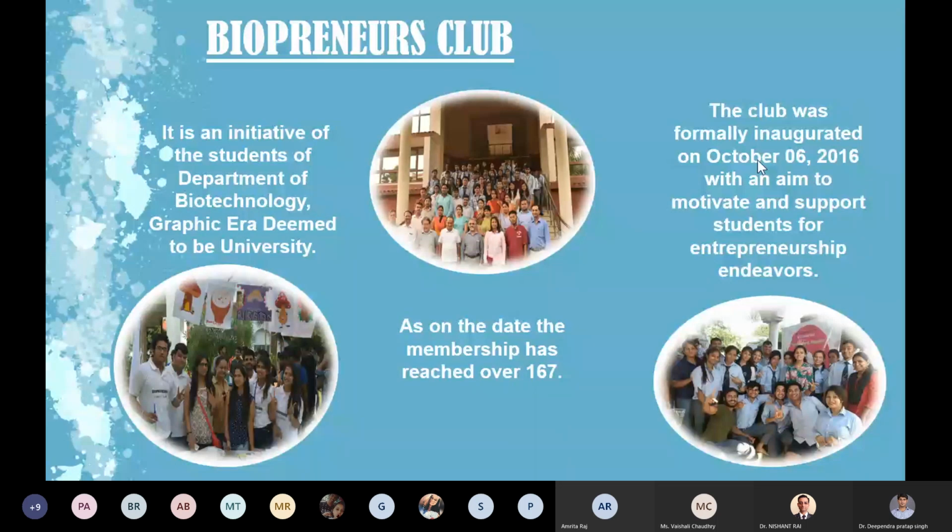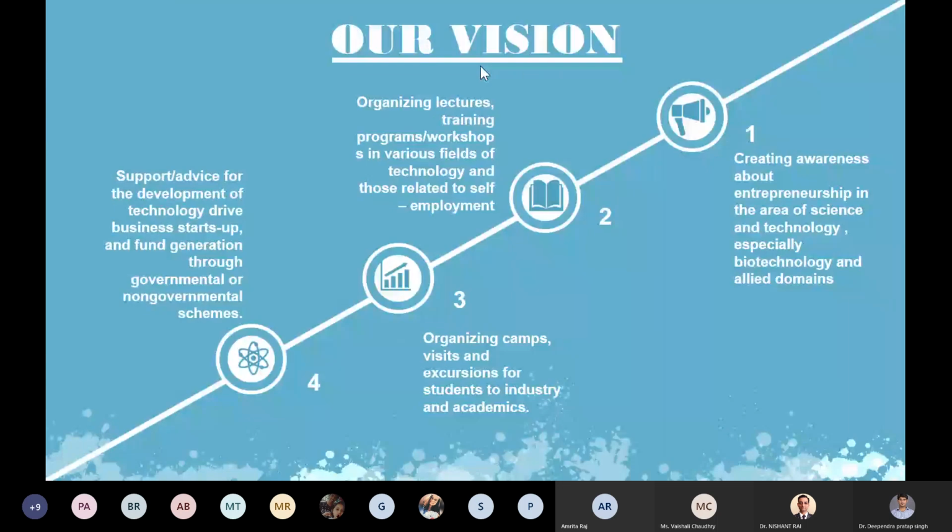So now in 2020 we are 4 years old. What was the aim? Basically, the aim was to motivate and support students for entrepreneurship. Right. So what are the visions of the Biopreneurs Club? It is to create awareness about entrepreneurship in the area of science and technology, especially biotechnology and allied domains.